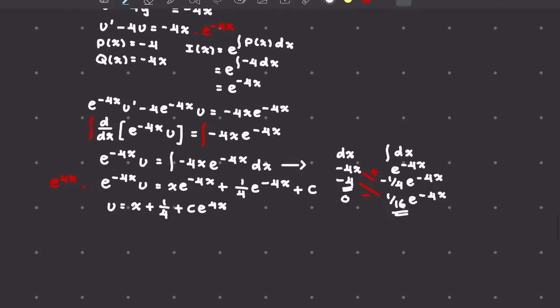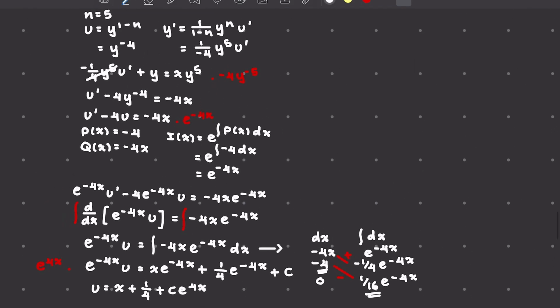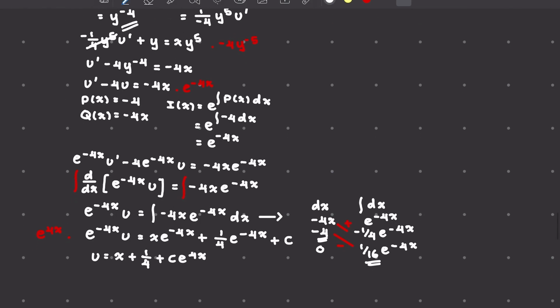Now, our last step is to substitute our u back with y to the negative 4. And so, u equals y to the negative 4, which equals x plus 1 over 4 plus c e to the 4x. And then we can write this as 1 over y to the power of 4 equals x plus 1 over 4 plus c e to the 4x.